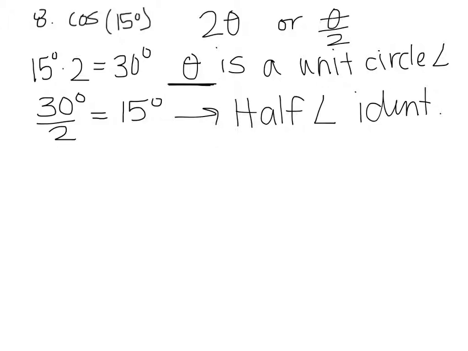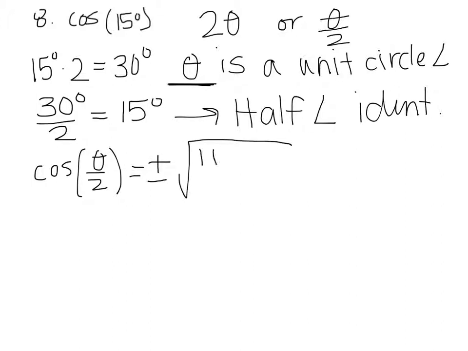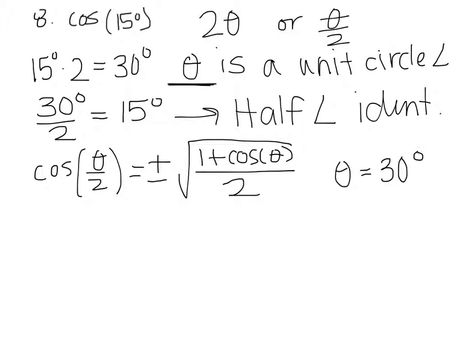Okay, so first off, find your cosine of theta over 2 identity. So I'll write that down. Cosine of theta over 2 is plus or minus the square root of 1 plus cosine theta all over 2. Okay, theta in this case is going to be 30 degrees.